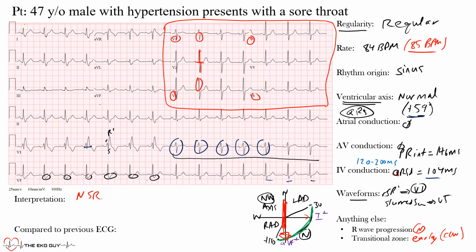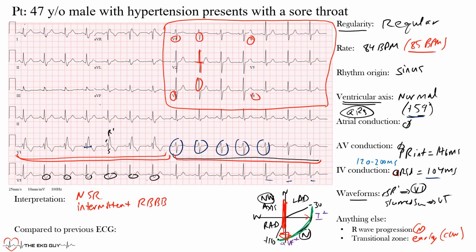IV conduction is pretty normal, but we do mention those beats early on that we said were consistent with an intermittent right bundle branch block. Okay, intermittent because it's occurring here, and then it goes back to its normal beat. So it's not always occurring. Remember, this is only 10 seconds of the patient's heart activity we're looking at. So normal sinus rhythm with an intermittent right bundle branch block.